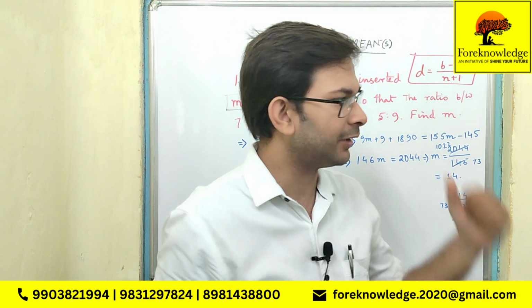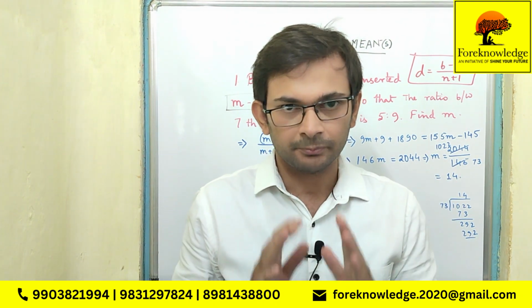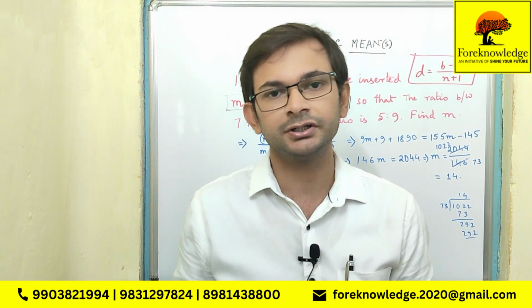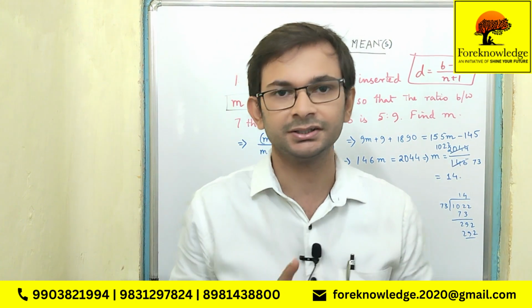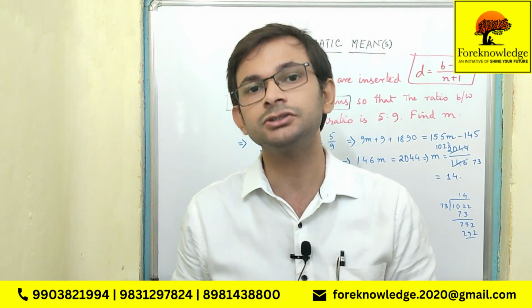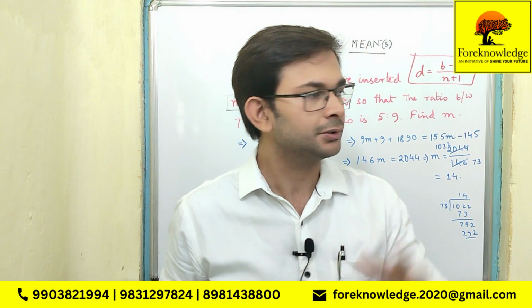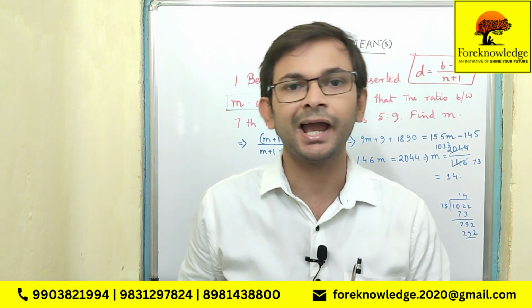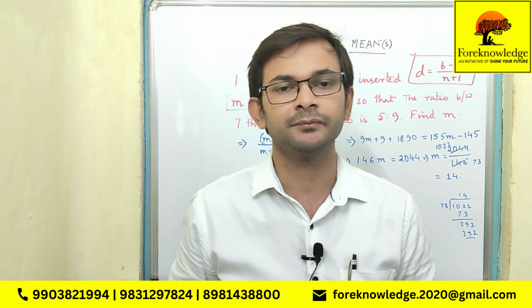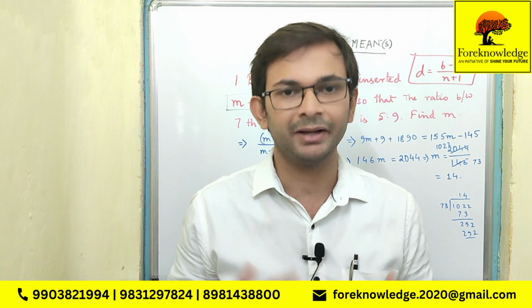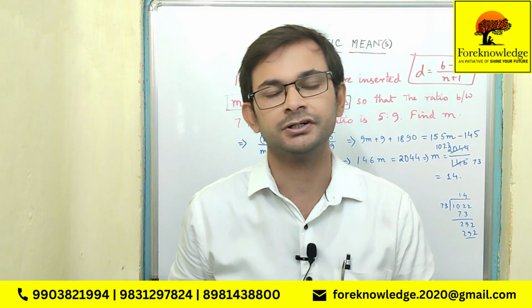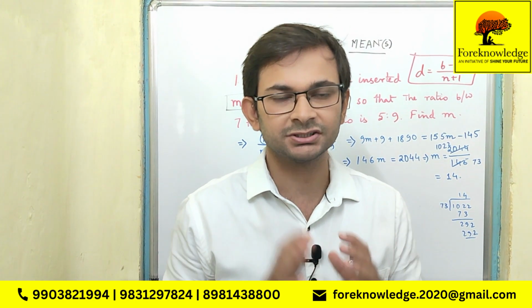Use them, find the common difference. Pardon me for using common ratio in the beginning, but this is the common difference because common ratio is used in GP. So find the common difference and get the arithmetic means one by one by adding it to the first term.